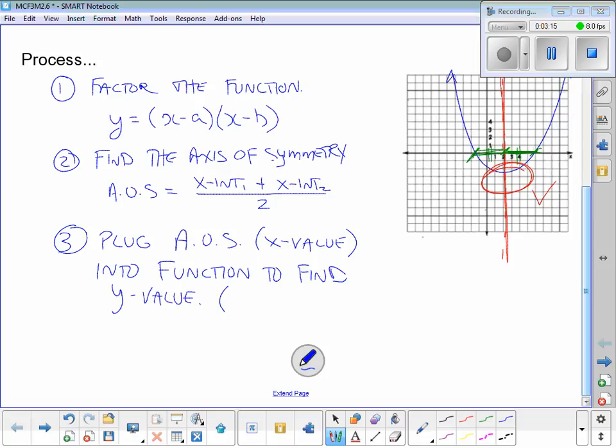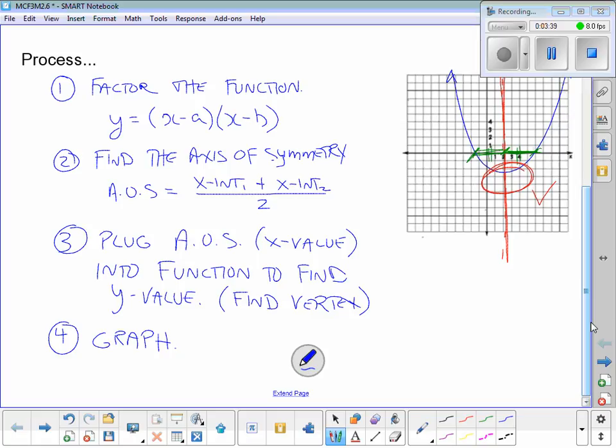That's essentially what we are doing. Find vertex. And our fourth step then is to graph. So what we'll end up with is 3 points in total. We'll end up with our 2 x-intercepts, and we'll end up with our vertex. And that's plenty of information to sketch a parabola. Okay, so there's our 4 steps.